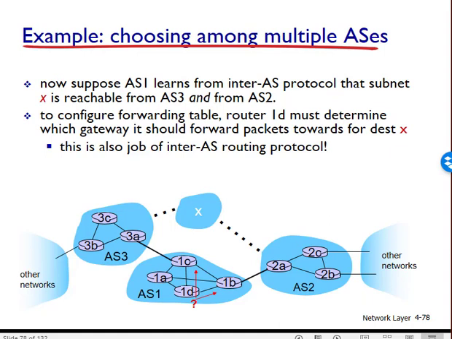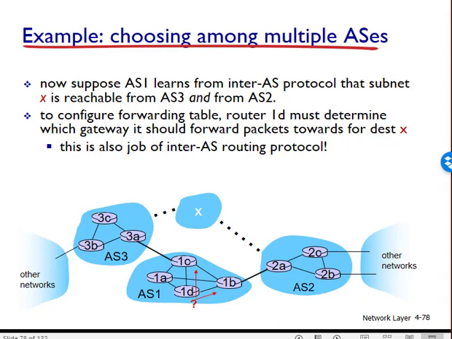Following up on the previous example, now suppose that AS2 and AS3 connect to other autonomous systems which are not shown in the diagram. Also suppose that AS1 learns from the Inter-Autonomous System Routing Protocol that subnet X is reachable from both AS2 via gateway 1B and from AS3 via gateway 1C.